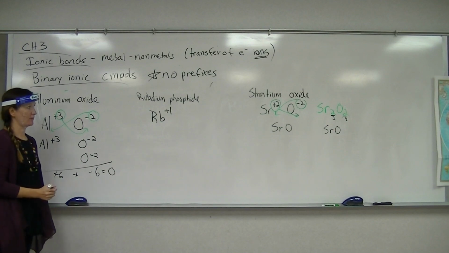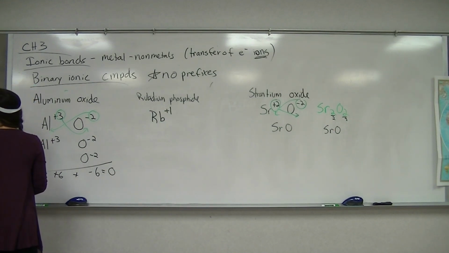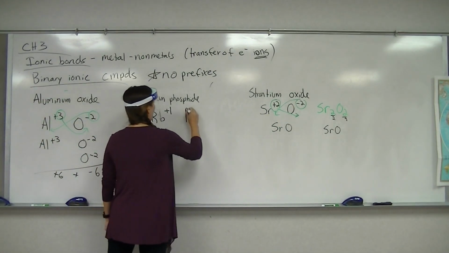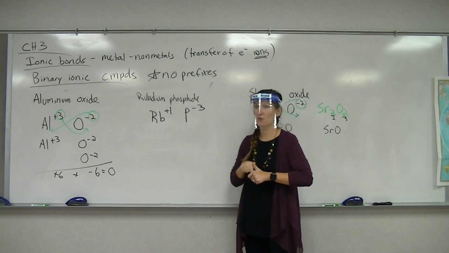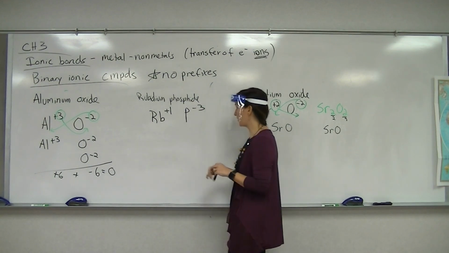Phosphide, that's just phosphorus. Phosphorus is in group 15. It's actually number 15, -3. It's a -3. So everybody in group 15 forms a -3 anion. Nitrogen, phosphorus, arsenic, all those guys.